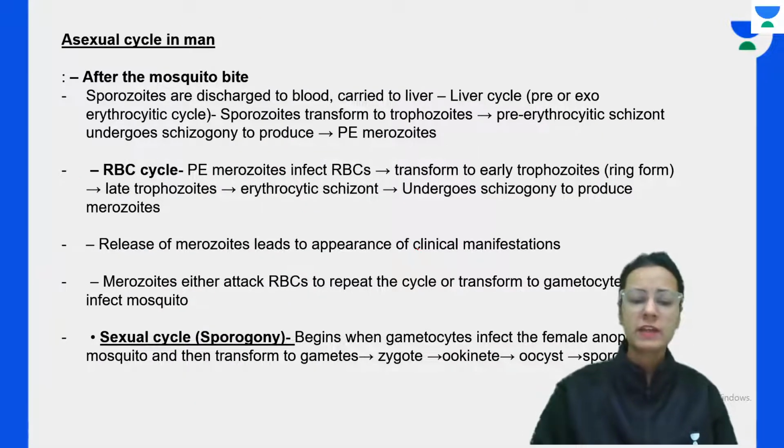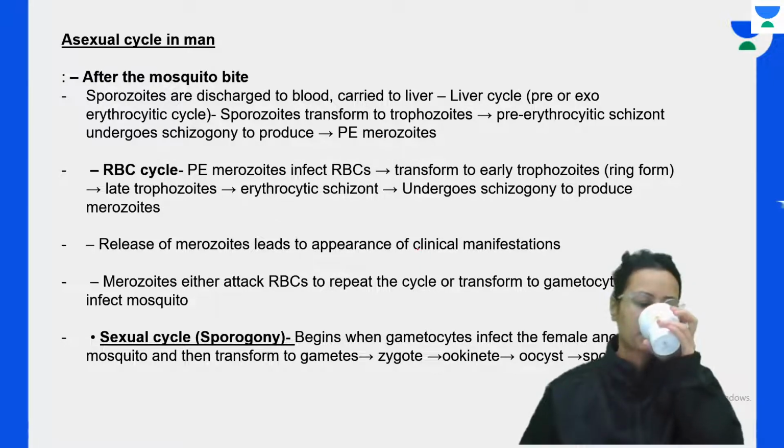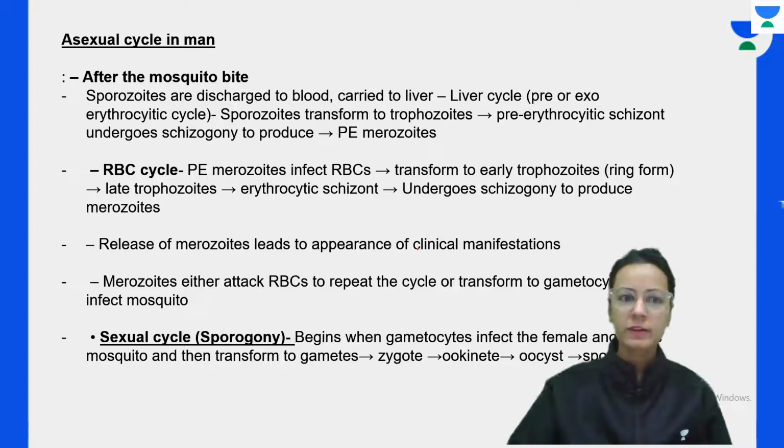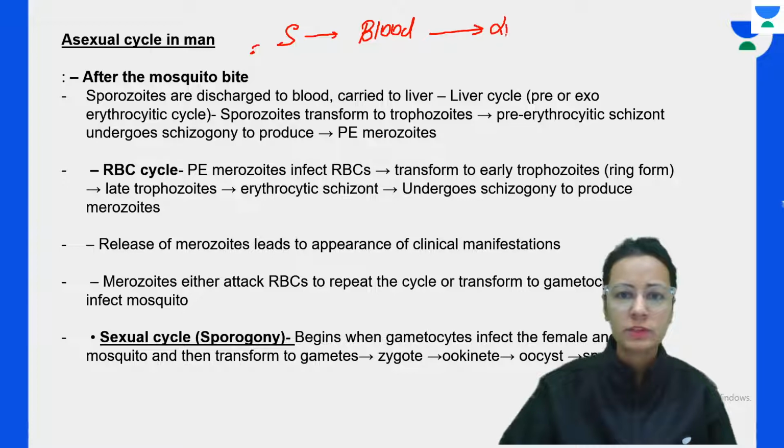Now, coming to the life cycle. After the mosquito bite, the sporozoites are discharged into the blood, and from the blood they are carried to the liver.